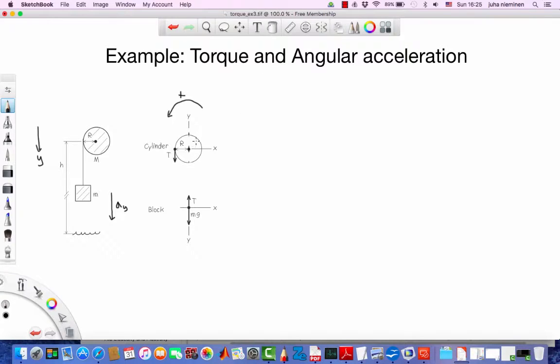Let's deal with the wheel first. The net torque about some axis, let's call this axis C, pointing towards us, is going to be the moment of inertia of the wheel times its angular acceleration, like this.